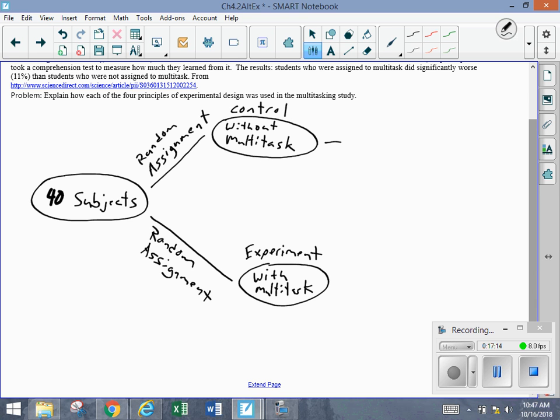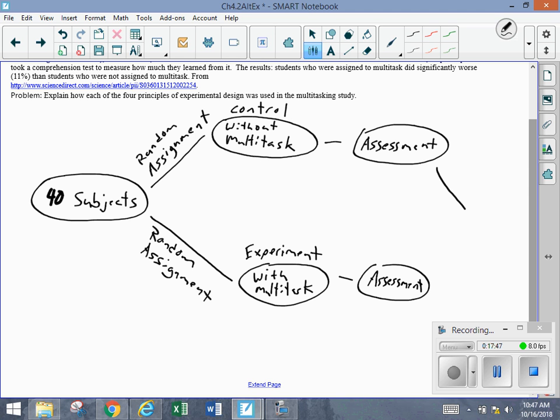Then each are given some sort of assessment. And then we're going to compare the two.